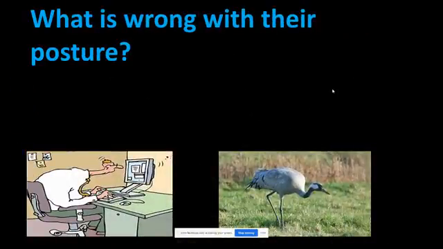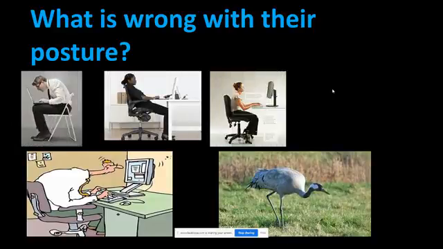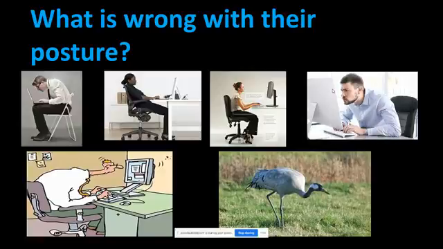Here's some more pictures showing examples of poor posture. So a lot of us may be working from home at this point because of the coronavirus, I want you to make sure that while you're working, you're being conscientious of your posture, because over time, those things add up.